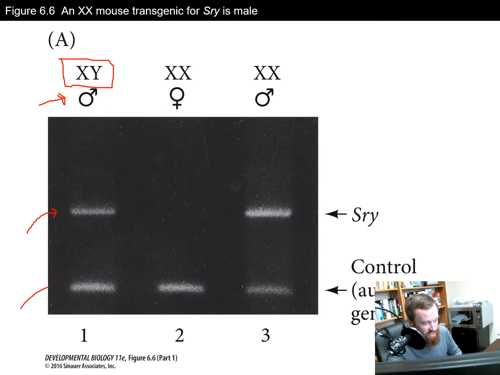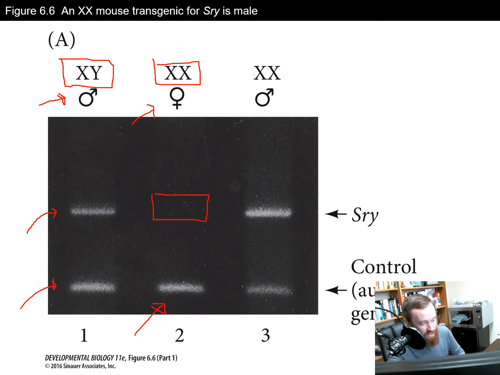And down here we just have control autosomal non-sex genes that are there to show us that our experiment worked. Now in XX individuals, which should develop into female, which we can observe, there is no SRY present. And we have that female development, and we have our control to show that there is actual DNA present.